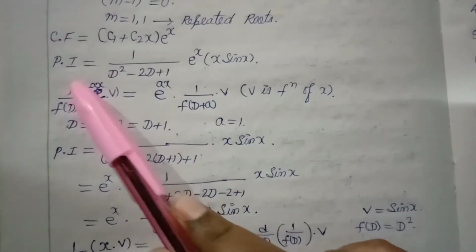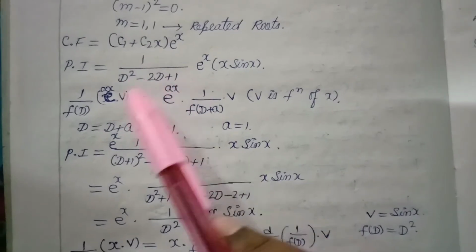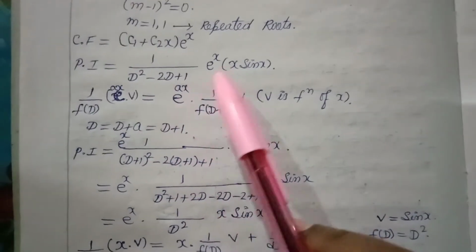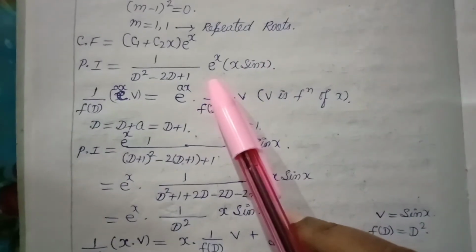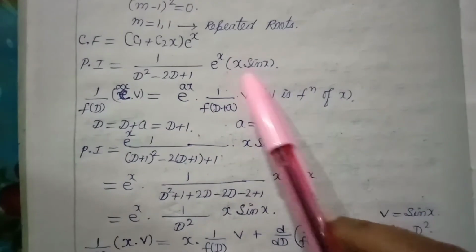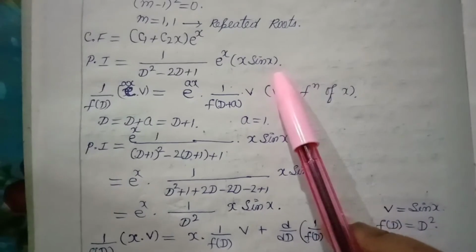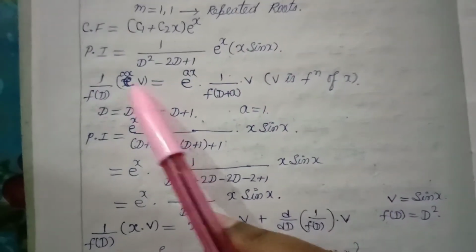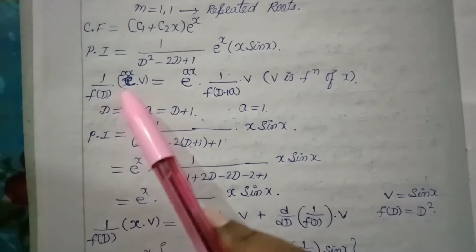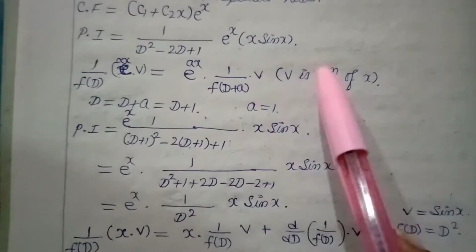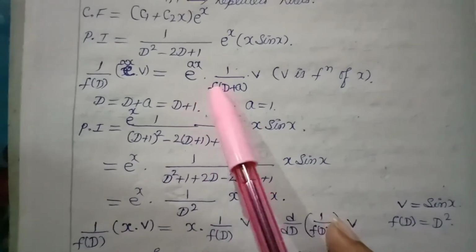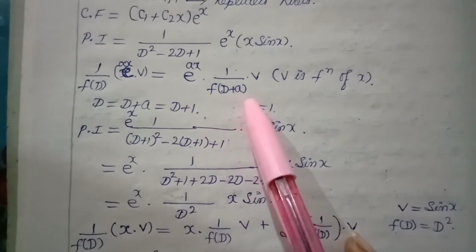Next step. A particular integral is equal to 1 by D square minus 2D plus 1. Now what we have to do is, we will rearrange the problem slightly. First I'll write e power x outside and then I'll write this as x into sin x. So the first method is of the form 1 by f of D into e power ax into v, where v is treated as x into sin x. The formula for this is e power ax into 1 by f of D plus a into v.